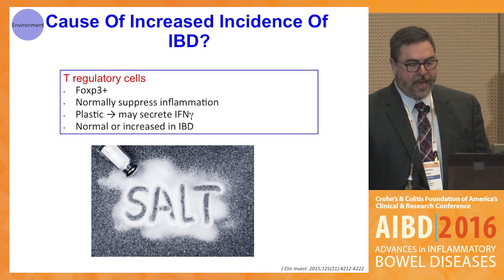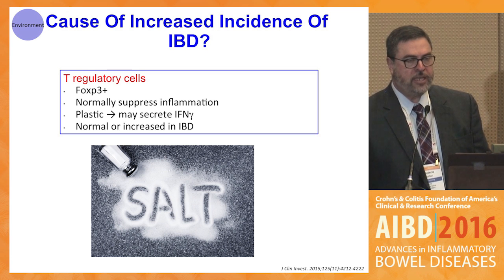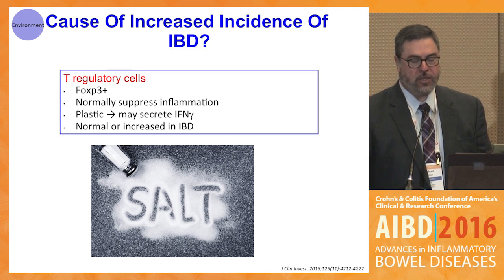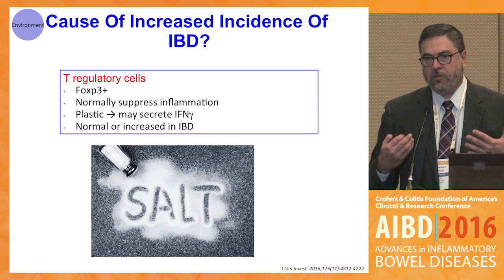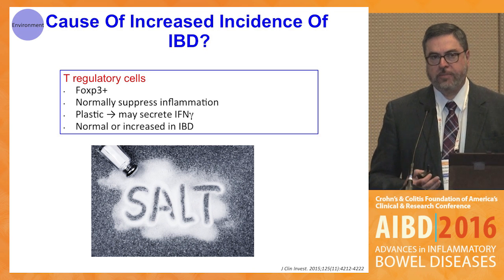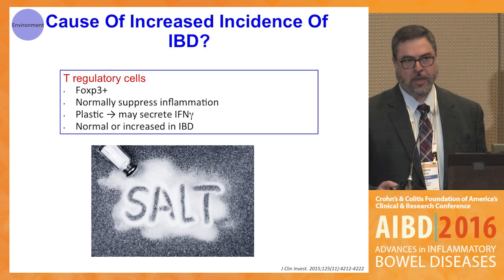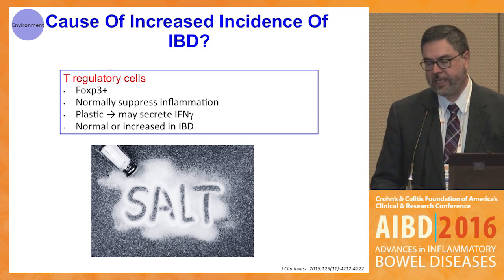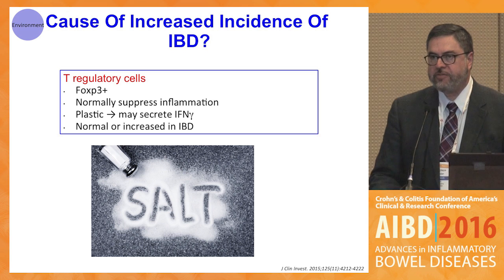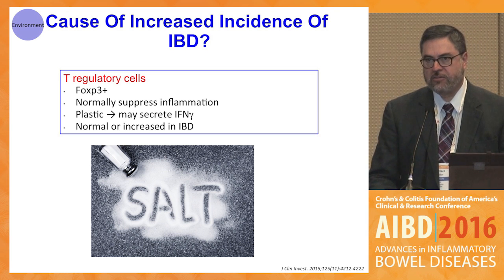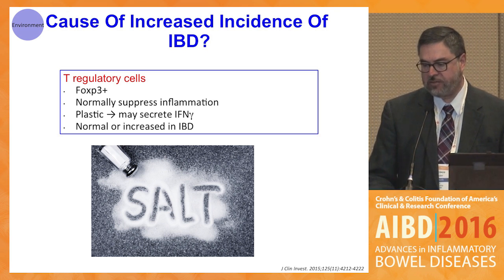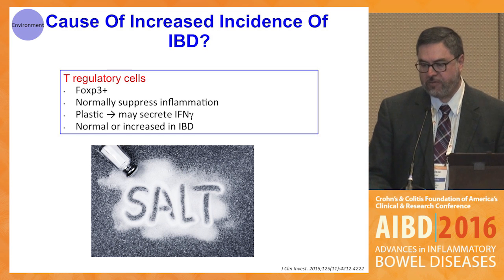So in going back to the interplay between the environment and our immunity, again, the genes haven't changed, the environment has changed, and the prevalence and incidence of IBD is higher and higher. So why? So we have Tregs, T regulatory cells. These are, of course, FOXP3 positive cells that normally suppress inflammation.